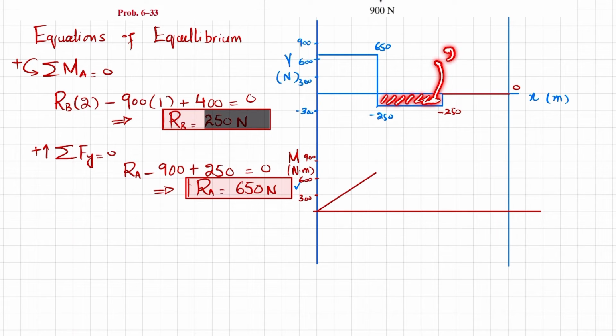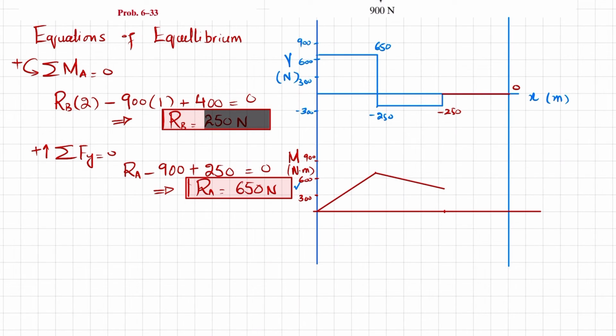This area will be equal to minus 250 times this length of 1 meter, so it will be minus 250. So 650 minus 250 will bring it to 400. We will locate 400 at this end. As the shear force is a horizontal line at zero degree and negative, the bending moment will be a first degree line with decreasing slope.